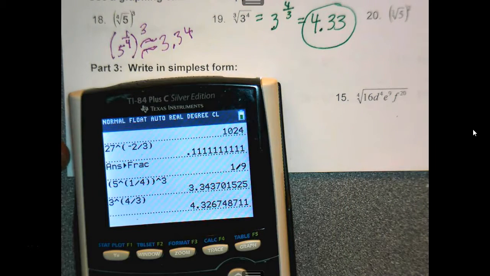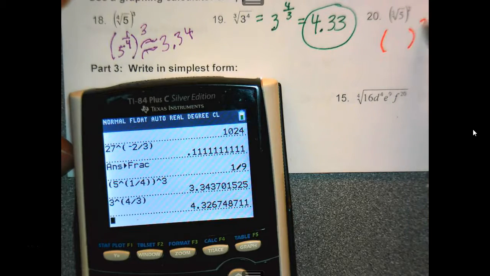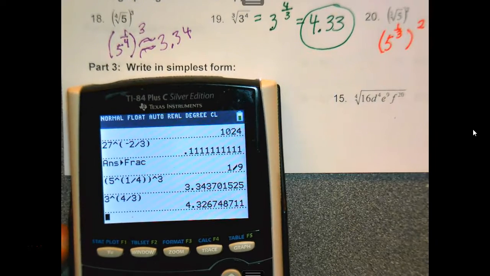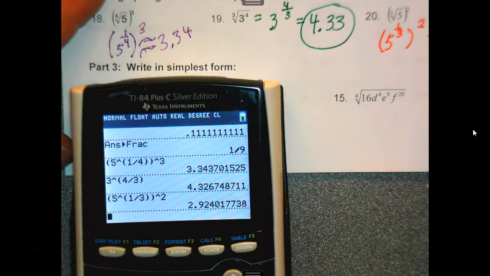I got one of these crazy powers to a power again. Inside the parentheses, I have 5 to the 1/3 raised to the 2. So I'm going to have to put parentheses 5 raised to the parentheses 1/3. Close that off, raise it to the second power. And I get 2.92.